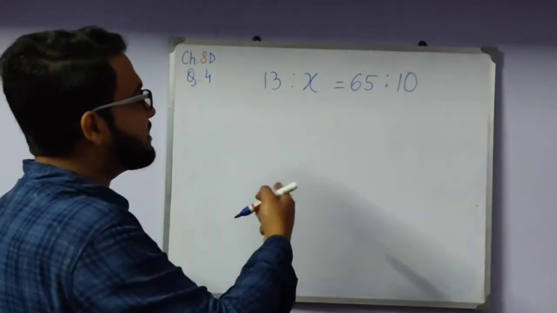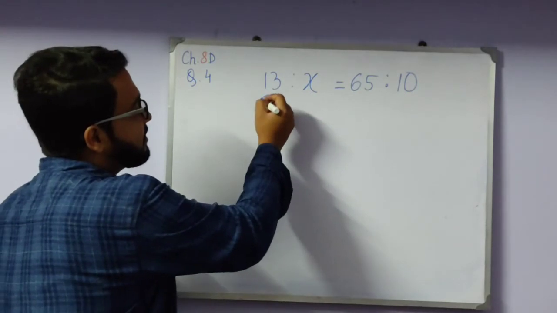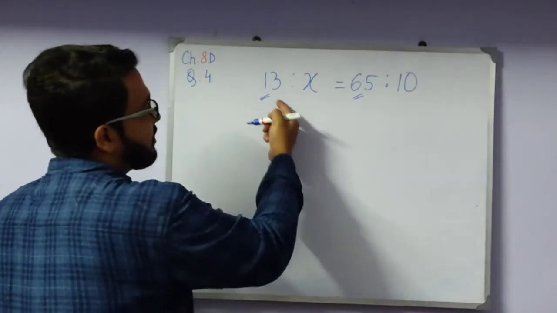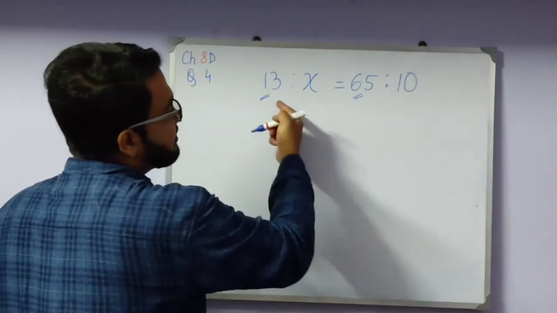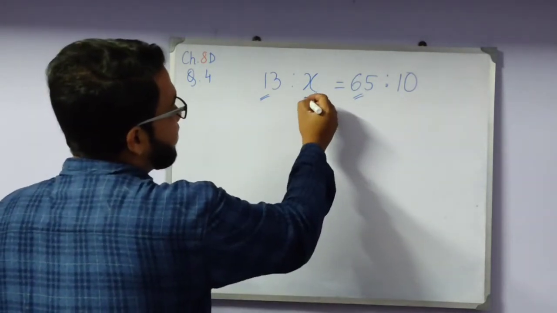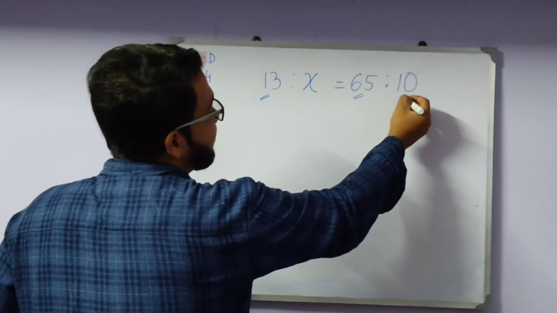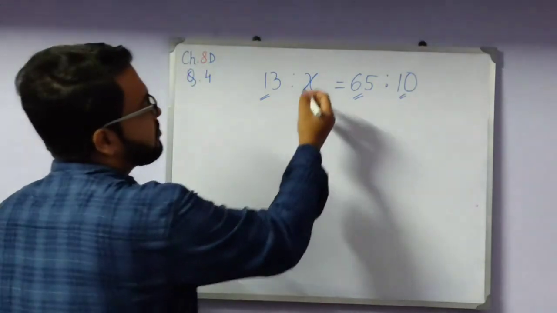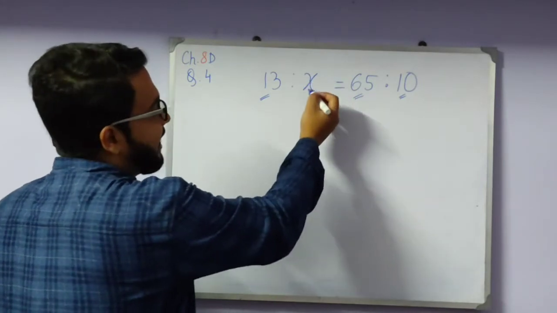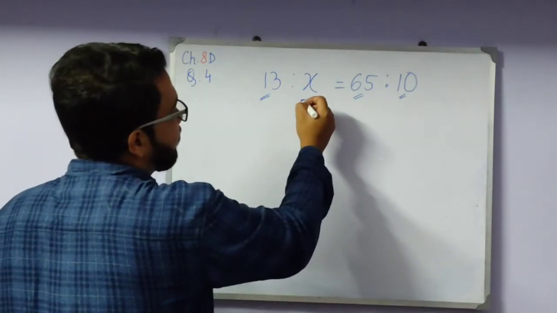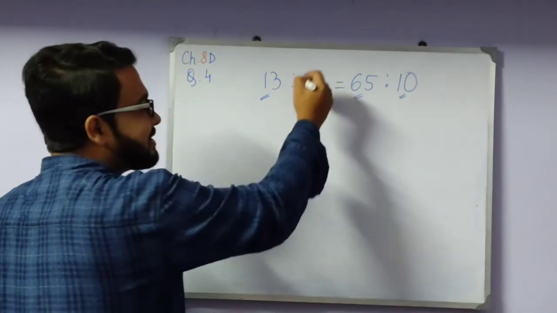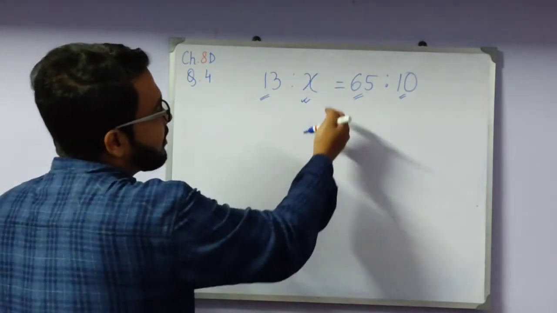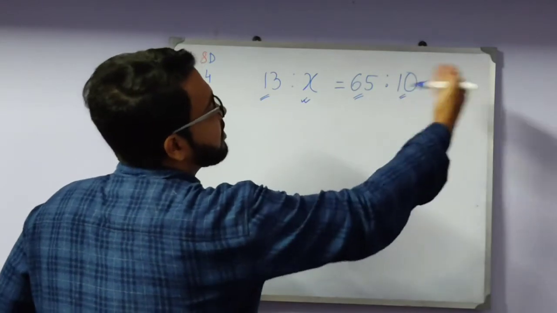You can relate it very well. 13 bags can hold 65 kg of sugar, and how many bags can hold 10 kg of sugar? So let the number of bags be x. For this x, it is written in the second part, the denominator part. That's why 10 is also on the latter.